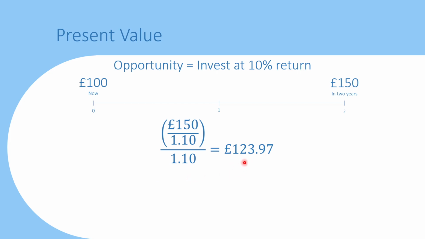And that gave us the 123.97, which we compared against the 100, and then we said, oh, this is bigger, and so the 150 is the better choice. Another way to denote this is just 150 divided by 1.10 squared. It's just the denominator that is being squared, and that gives us the exact same result, 123.97.